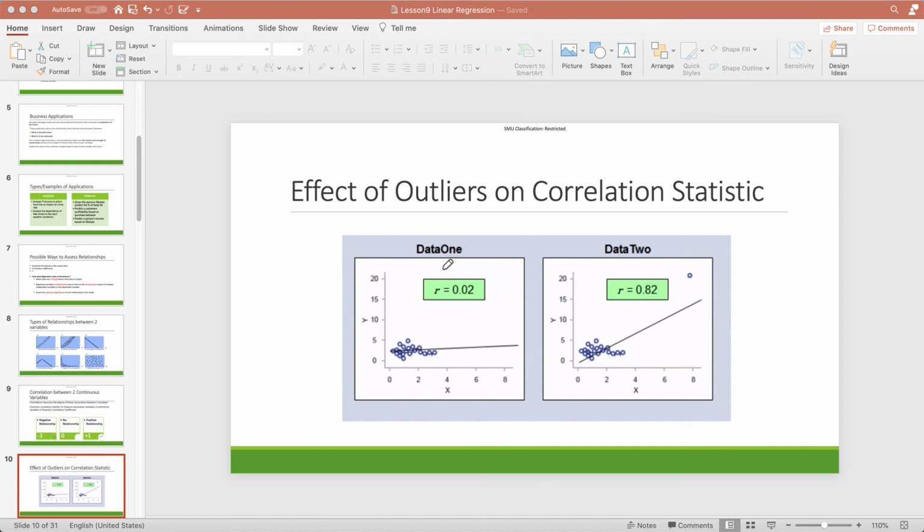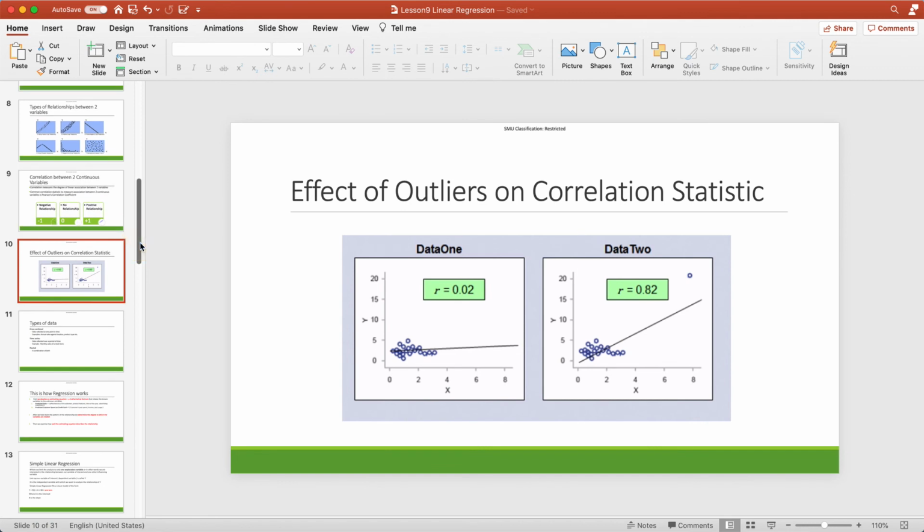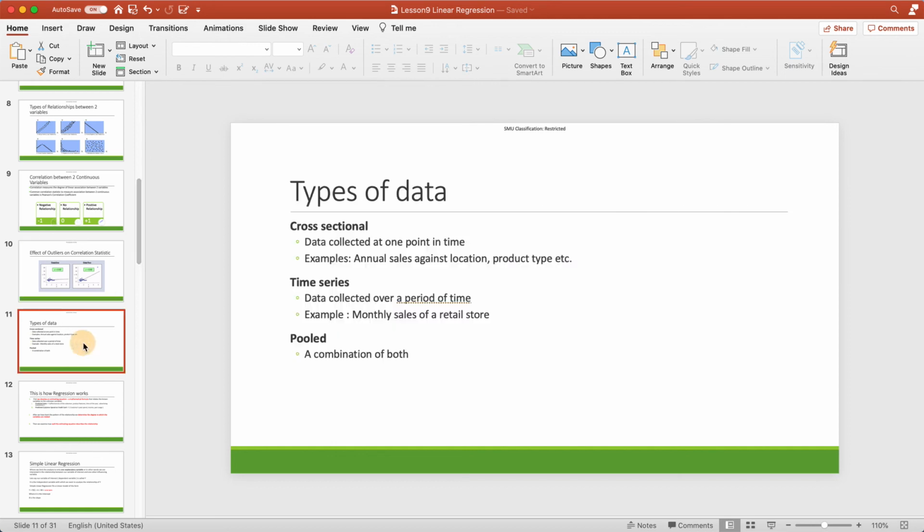And that is not a desirable aspect of our results in any analysis, because we don't want our analysis to be very unstable, or in other words, we don't want our analysis to get impacted by a single data point. And that is why we have to watch out for outliers. Okay. And so let's go on.